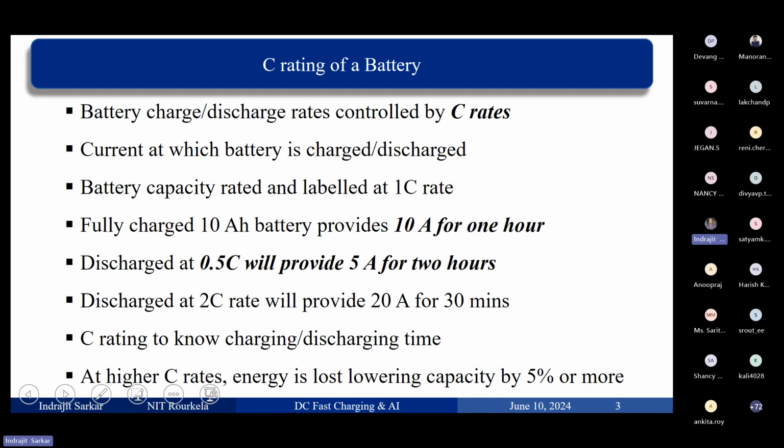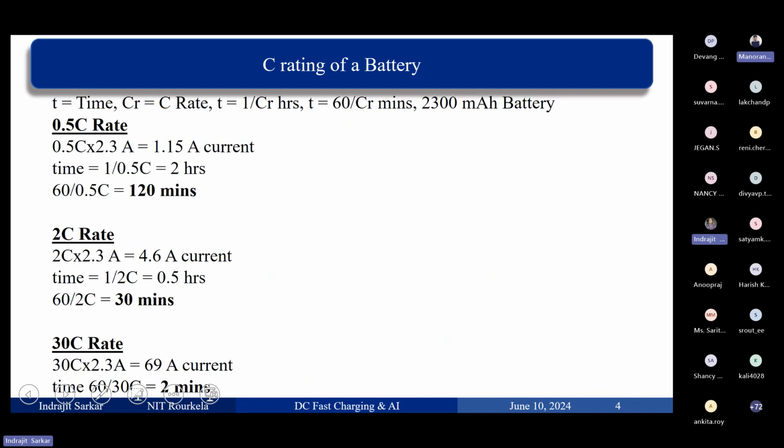Okay, now let's do an example. Let's say there is a 2300 milliampere hour battery. Now you are taking current at 0.5 C rate. 2300 milliampere hour means it is a 2.3 ampere hour battery, so 2.3 ampere is the 1 C. If it is 0.5 C, it will be half, which is 1.15 ampere current.